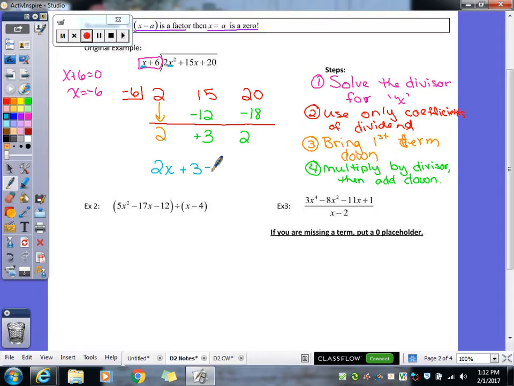And then 2 is our remainder, so it's 2 over x plus 6. This last one is always your remainder. Then it would start as 2x squared. Yep. And that is the same exact first problem we did on the front, just we did it with a different kind of division, which I think goes a little bit faster.